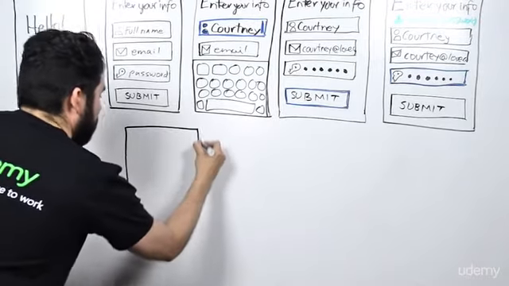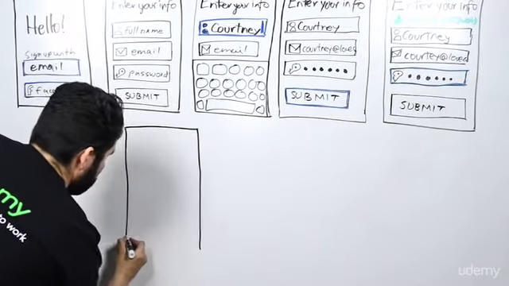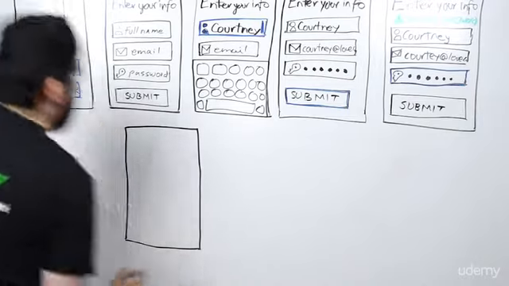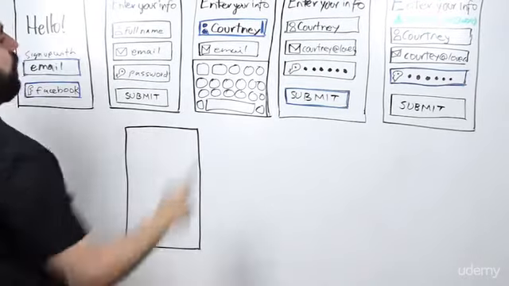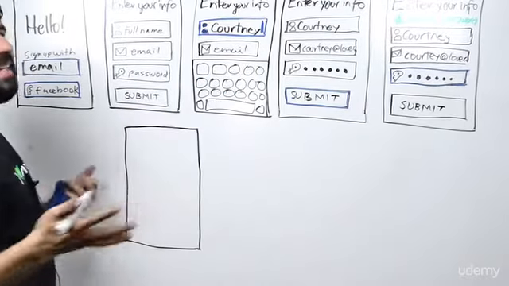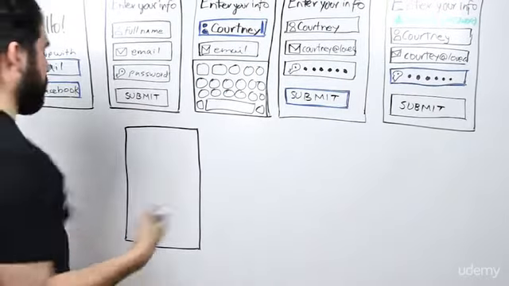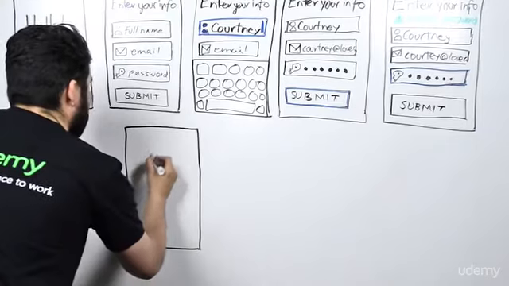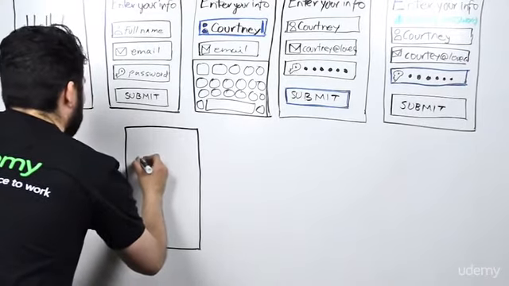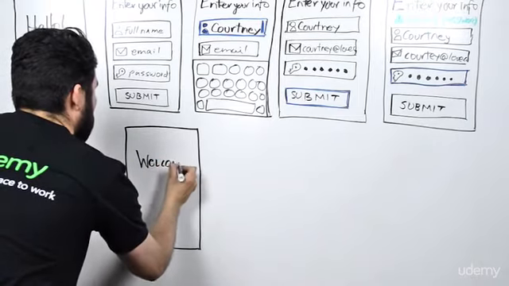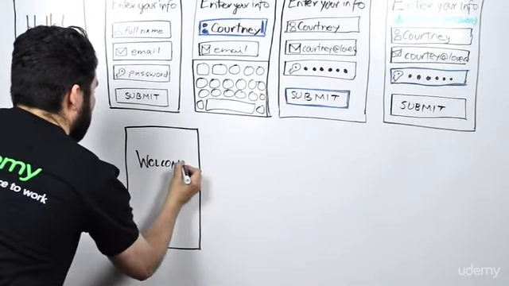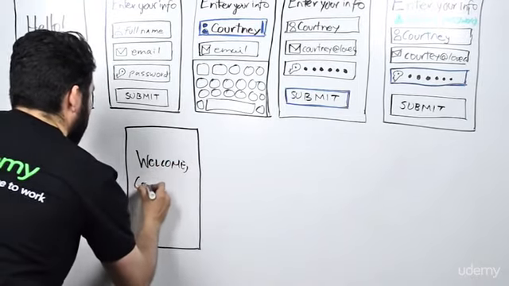You can get a little bit creative on this one, but I'm gonna try to keep the proportions of all of your screens. And then you can say, I don't know, I like good welcome screens. So let's say something like, welcome, comma, Courtney.